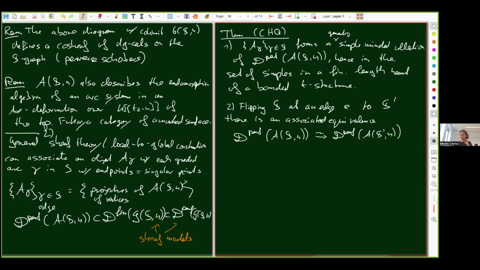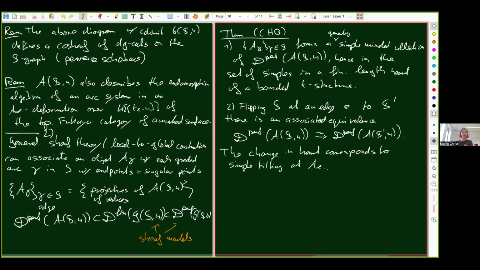And the change in heart corresponds to simple tilting at A E. So if you have a simple-minded collection, you can tilt any of these simple objects in the simple-minded collection and get a new simple-minded collection. Well, I guess there are some conditions you need to have satisfied, but they are satisfied here.